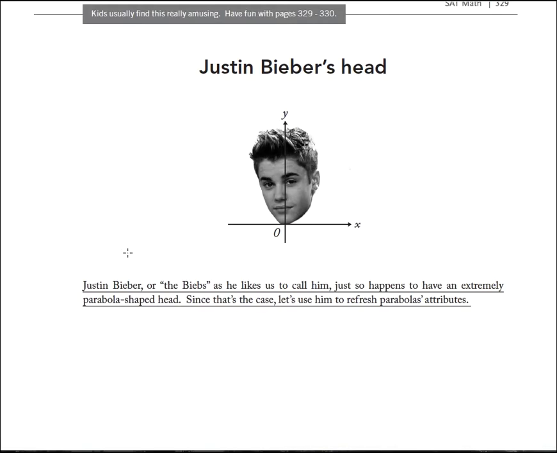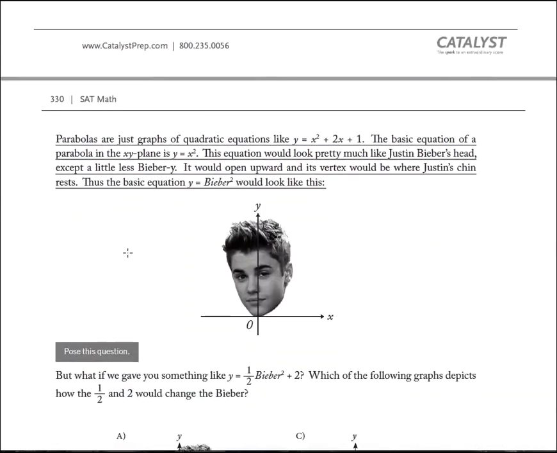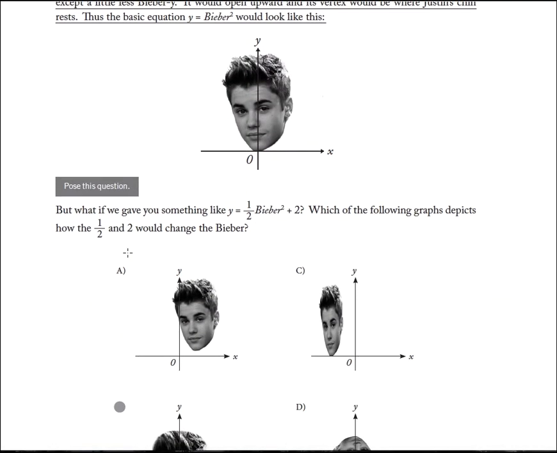And one of us figured out that Justin Bieber happens to have an incredibly parabola-shaped head. Yeah, the Biebs has a very parabola-y head. Okay. So let's use Justin Bieber here. This may, at this point, be all that he's worth. Let's use him to try to figure out how parabolas shift and shrink, okay?